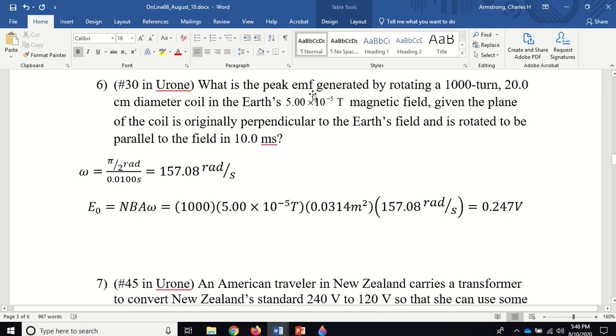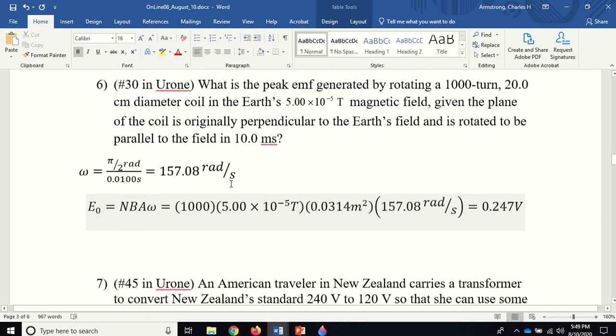It's to be rotated from being perpendicular to parallel, and that's a quarter of an entire turn. 2 pi is an entire turn, pi is half a turn, pi over 2 would be a quarter of a turn. That's why we have pi over 2 here, and we did it in 0.0100 seconds. So we end up with 157.08 radians per second.